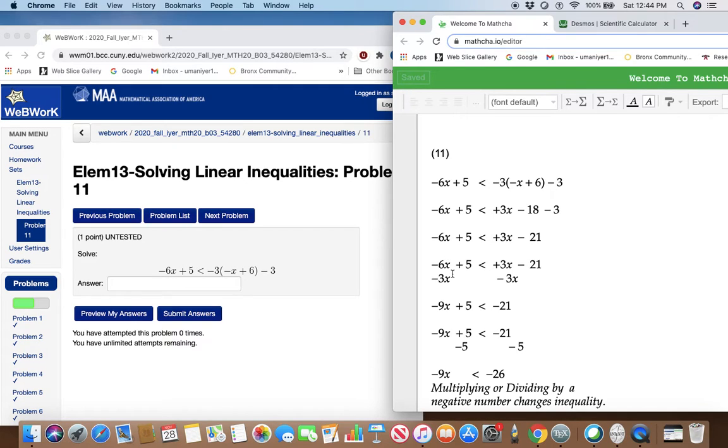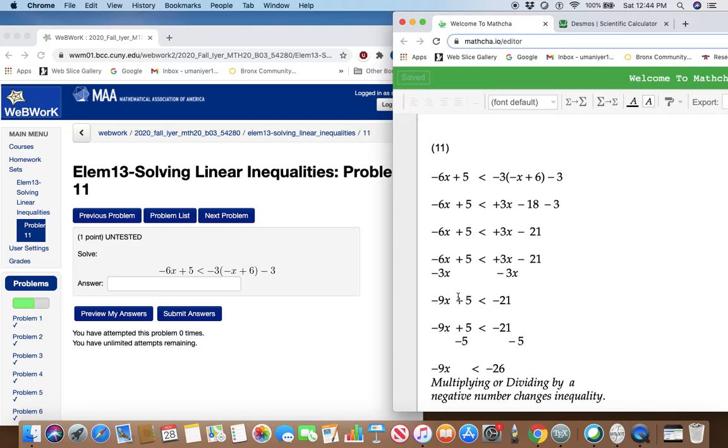Negative 6x minus 3x is negative 9x. Now over here, let me get rid of the plus 5 by subtracting 5 from both sides. When I subtract 5 from both sides, I'm left with negative 9x, less than negative 26. Okay, negative 21, negative 5 is negative 26.